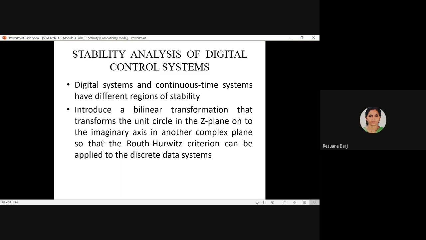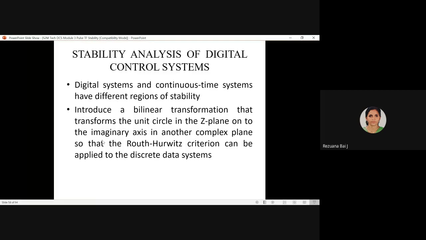In the Z-plane, we are concentrating on closed loop poles, because we are concentrating on the roots of the characteristic equation. So the roots of the characteristic equation are nothing but the closed loop poles. It may not be the open loop poles. That's what the last slide showed for the homework problem.